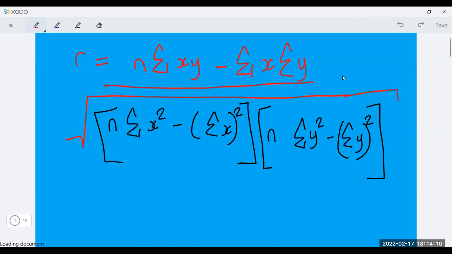And then there's another formula that you're going to need to know, which is finding the equation of the line. We need to know the gradient. The gradient is going to be found by this formula.